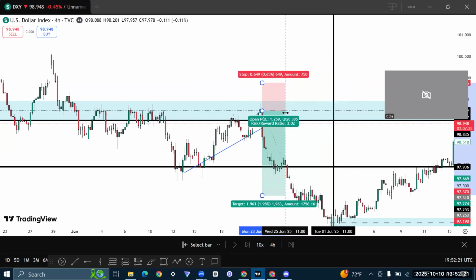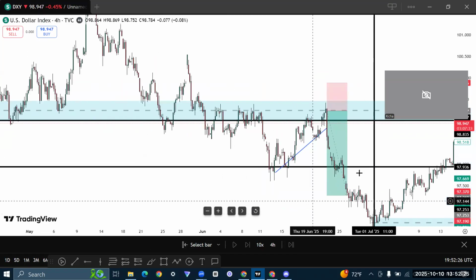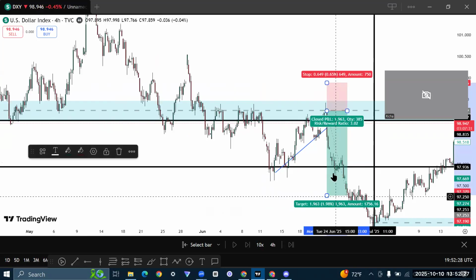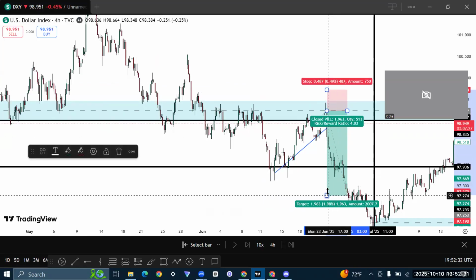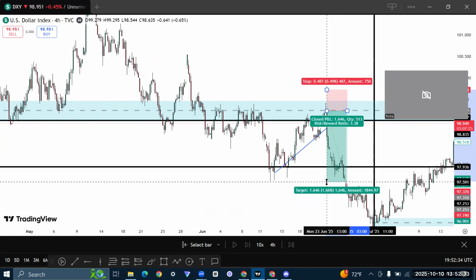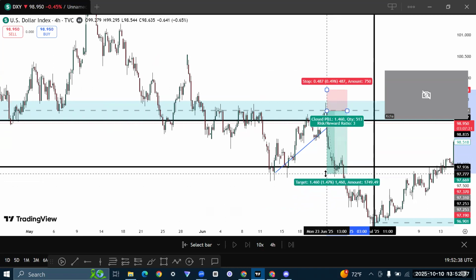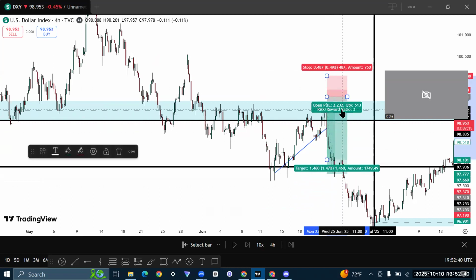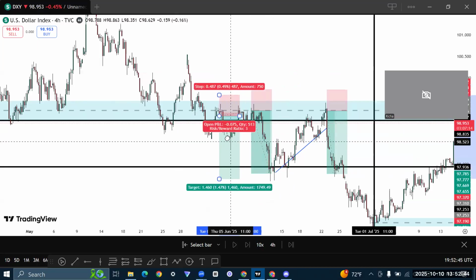Target, TP. You would have done the same thing here. You would do the same thing at every single spot, no matter what. You want to make sure your 1 to 3 is at least to that low. You wouldn't want to take it too far. You would have done it every time price came there. That's it.